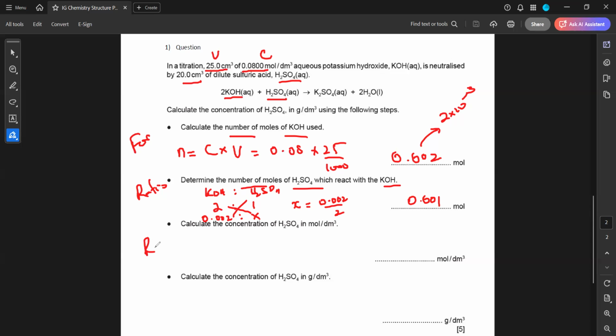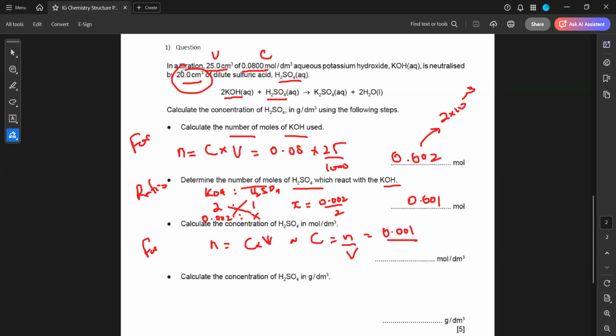The third, we will again use a formula. What is the formula for concentration? We have the formula moles equals concentration times the volume, so the concentration will be moles divided by volume. How many moles of sulfuric acid are there? 0.001. And what about the volume of sulfuric acid? It is 20 cm cube, but that is in cm cube.